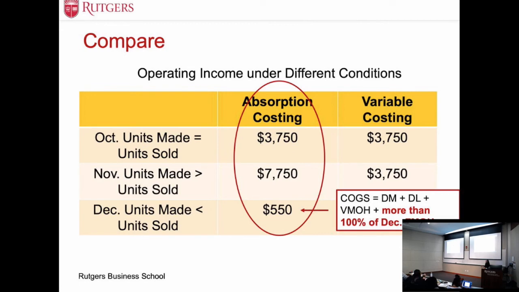In this situation, we actually subtract more fixed overhead than the fixed overhead incurred in this month, because in December we sold all the 800 units that we made, which already contains all the fixed overhead incurred in December. And we also subtract the cost of goods sold of the 200 units from November, which contains the fixed overhead cost in November. So the cost of goods sold contains more than 100% of December's fixed overhead cost.